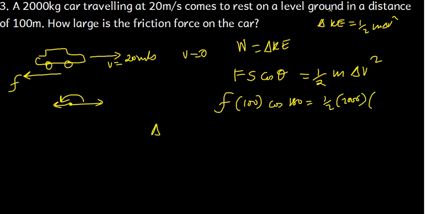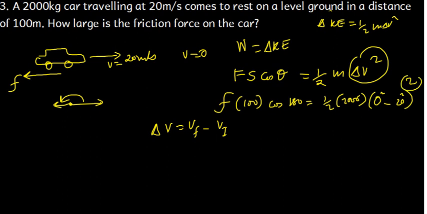Whenever we talk of change, it is final minus initial, but since it wants to come to rest, the final is going to be 0. The initial, it is moving at 20. So we are squaring this, remember it is change in velocity squared. Please, don't put the square outside, because we can see a square on top there. We square individual terms inside alone.